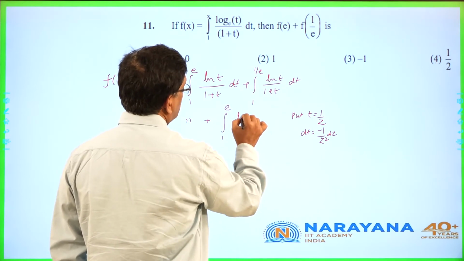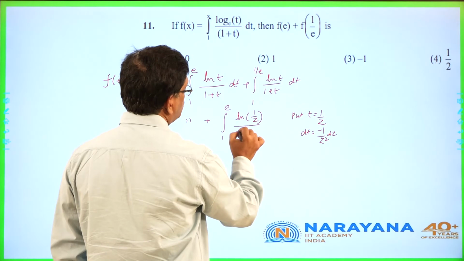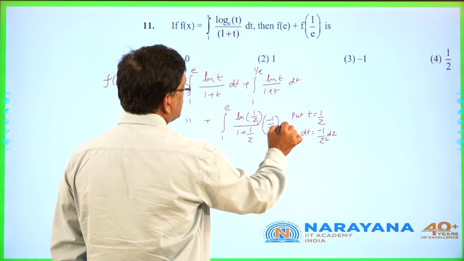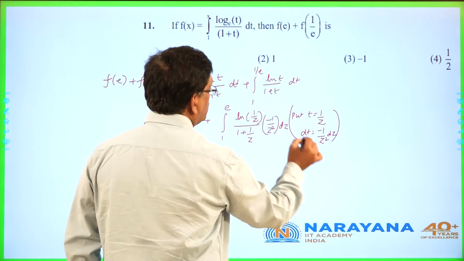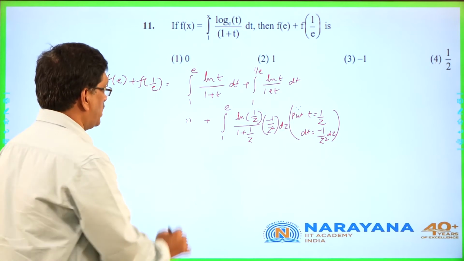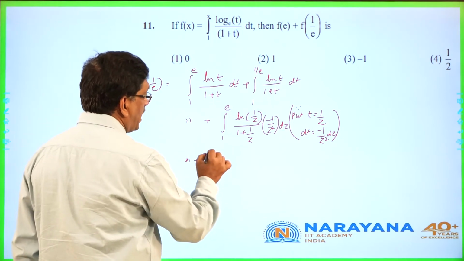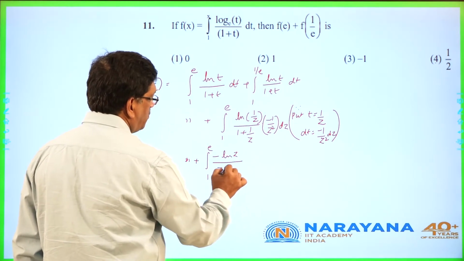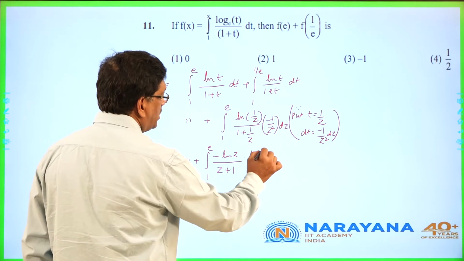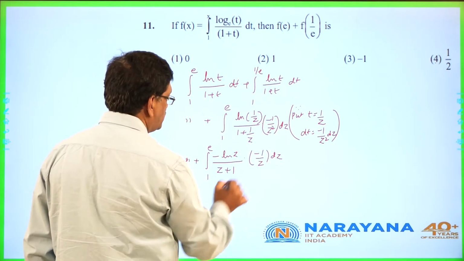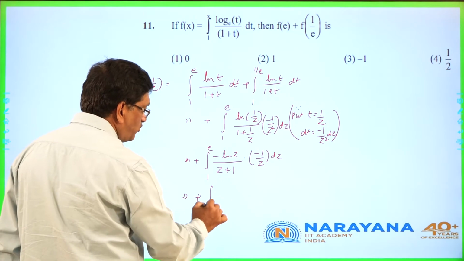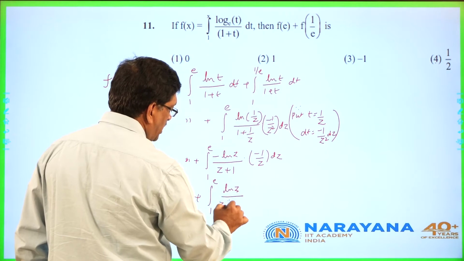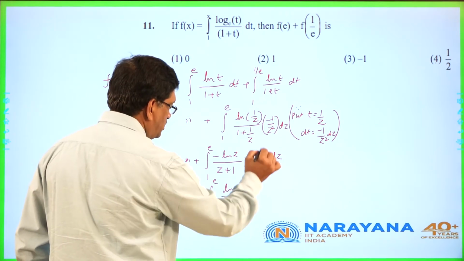This becomes 1 to e, log 1 by z by 1 plus 1 by z into minus 1 by z square dz. Right? This is only for the second one. Keep the first part same again. 1 to e, it is minus log z by z plus 1 into minus 1 by z dz. Minus minus can be removed. Right? This is log z by z into z plus 1 dz.